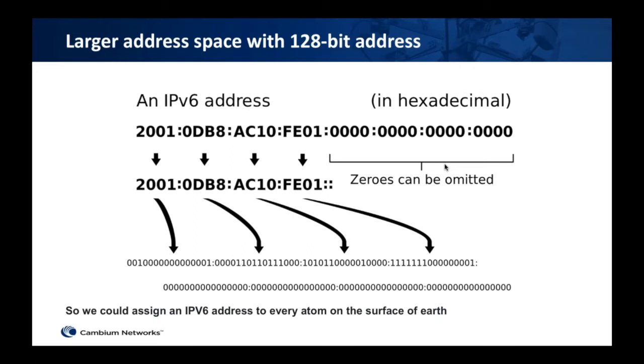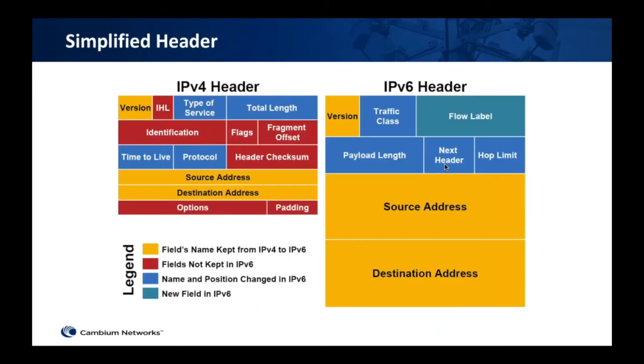Actually, if you try to calculate, it's really hard to calculate the amount of atoms on the surface of Earth, but still it will be less than the amount of IPv6 addresses available. So if you make all of them sensors or Internet of Things, you can assign a unique address to each of them.